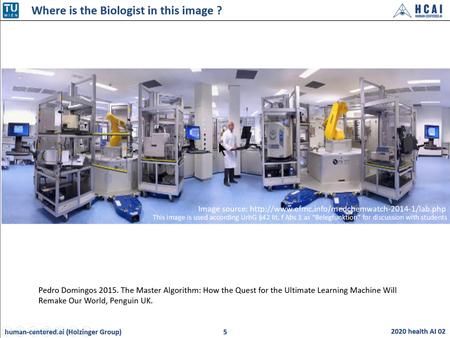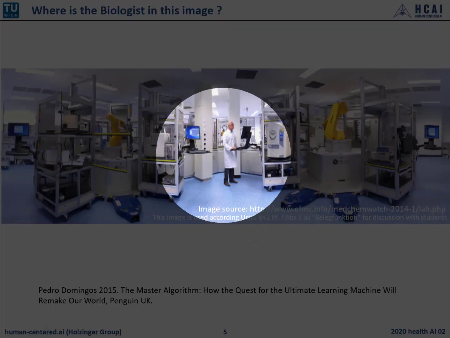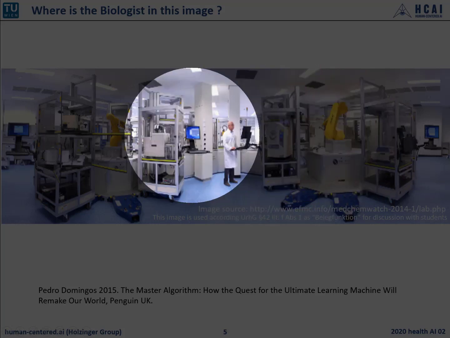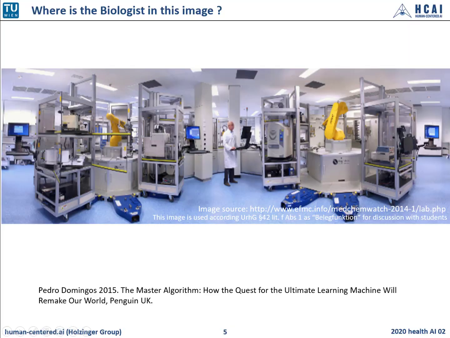Correct, as you have guessed, the human wearing the white coat is the computer scientist. The biologist is the machine. So this was described by Pedro Domingos in his book Master Algorithm.